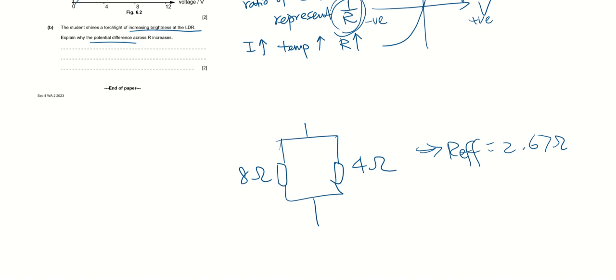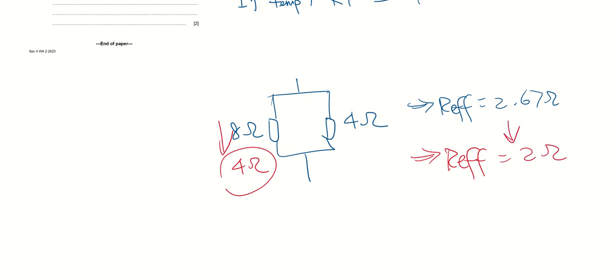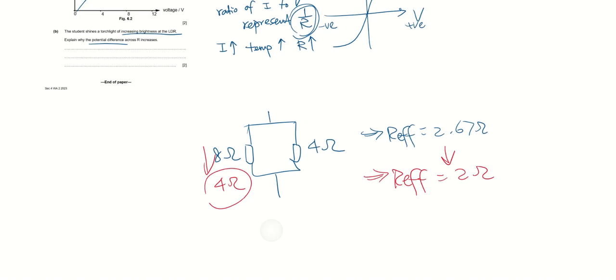Now I'm proposing that when the resistance of this decreases, maybe it decreases to 4 ohm. So what happens to the effective resistance? When one of the resistors in the parallel branch decreases in resistance, the REFF is actually 2 ohms. You see that the effective resistance actually decreases, right?